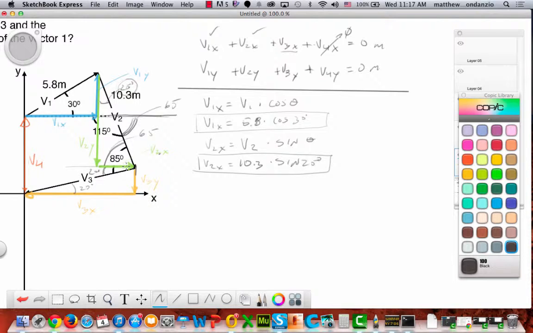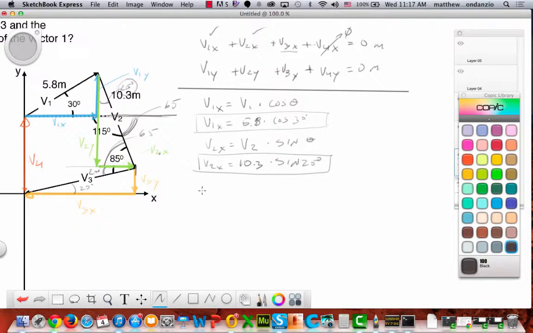I'm not going to go through the math. You guys can do that. Because the x component of v4 is purely vertical, so there's no x component. If I had v4x, then I'd have to give you something. Otherwise you'd have two unknowns, and you'd be up a creek there, right?